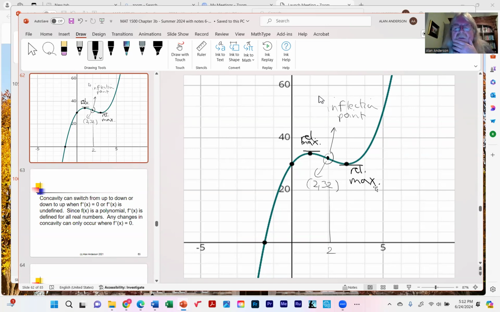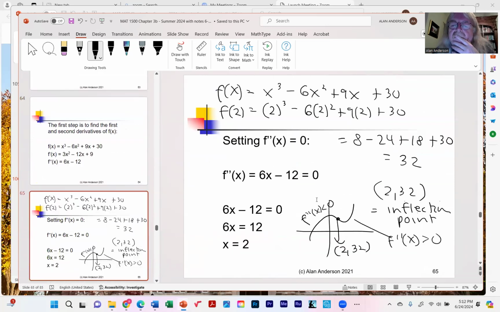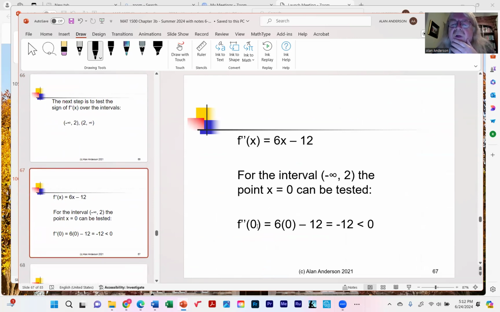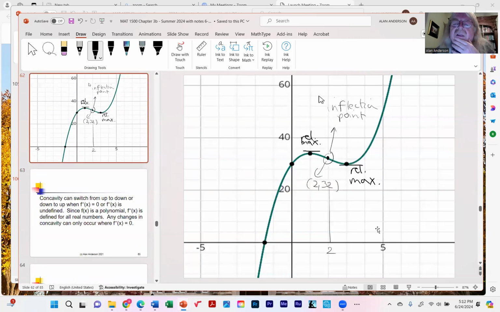You can also see, if you look at the second derivative, for a point left of 2, for example, f double prime of 0 is negative, which you can see by looking at this graph. This is like the slowing down portion. It's increasing, but at a decreasing rate. So the second derivative is negative.